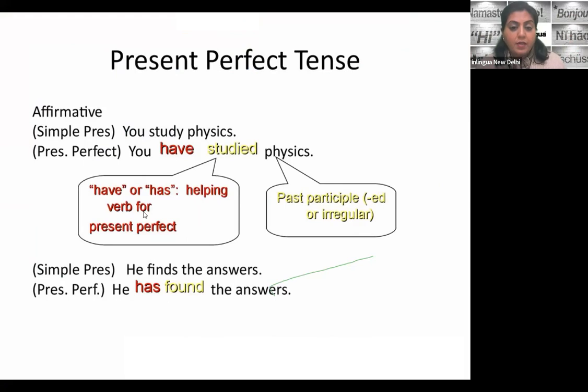All right. Now, have or has becomes the helping verb for the present perfect tense. And studied becomes the past participle for the action word study. He finds the answers. And the present perfect is he has found the answers.